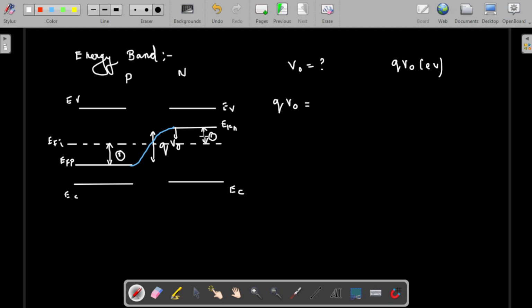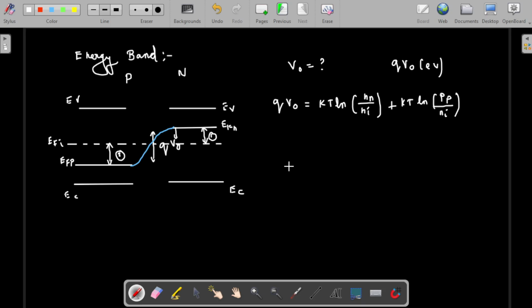We already know how to find these differences from the energy band structure we discussed. If we substitute the formula, EFn minus EFi is kT ln(NA NN divided by ni squared), or kT ln(NN divided by ni), NN or even ND, either is fine. Then kT ln(PP divided by ni).